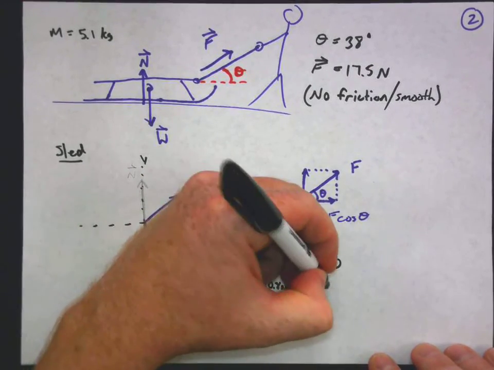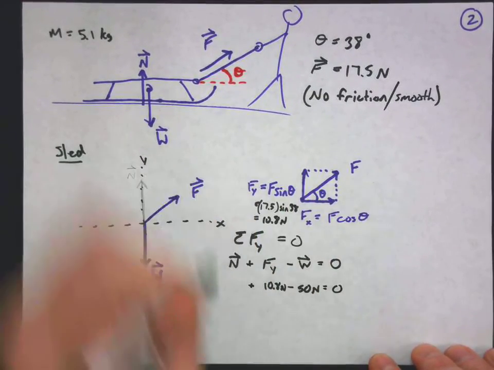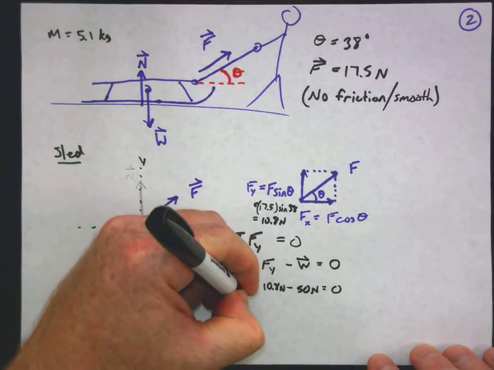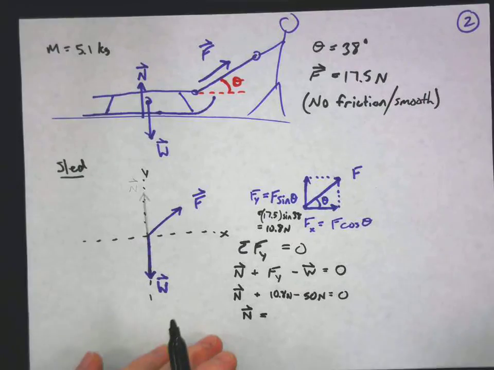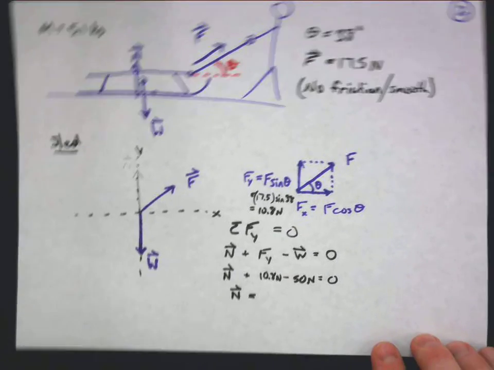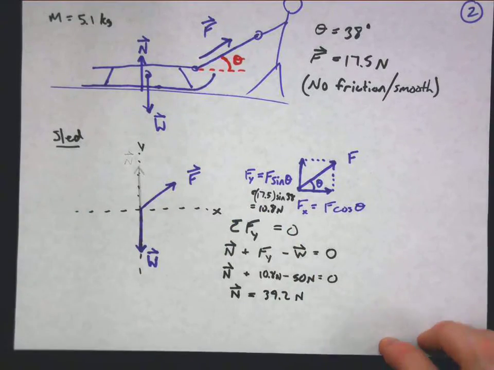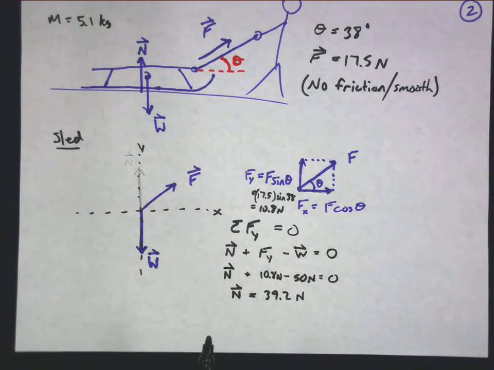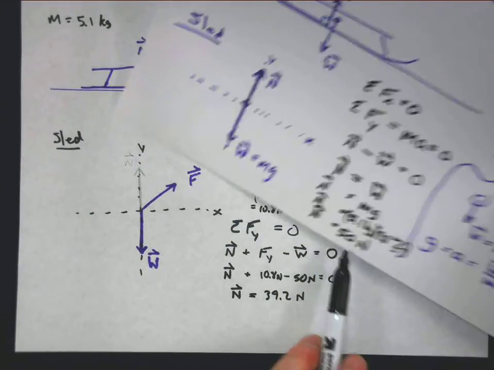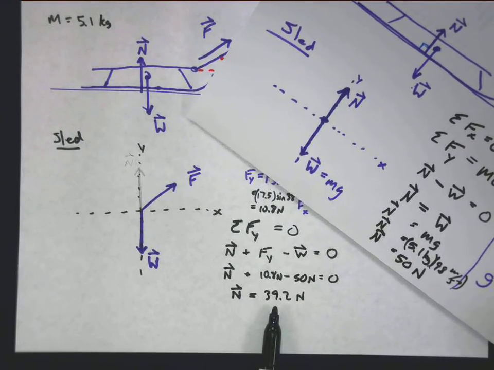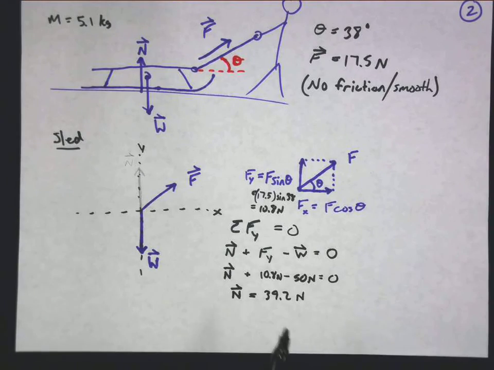And look at this, I'm able to find the new value of the normal force. What is that normal force's value? I just move everything over, and I'm going to get 39.2 newtons. It changed. The normal force used to be 50 newtons, and now it's less. It's 39.2 newtons.